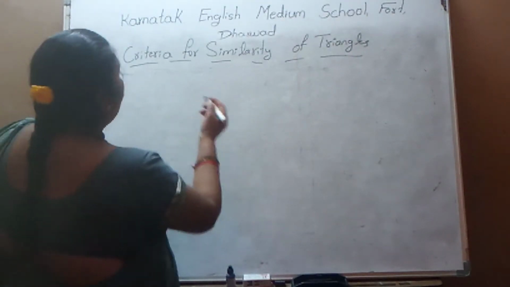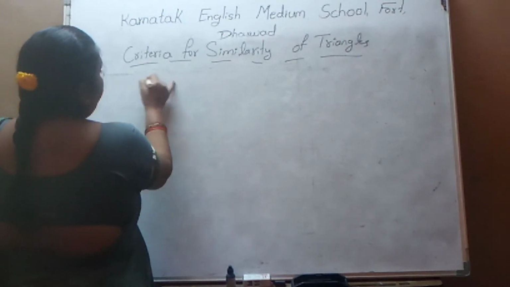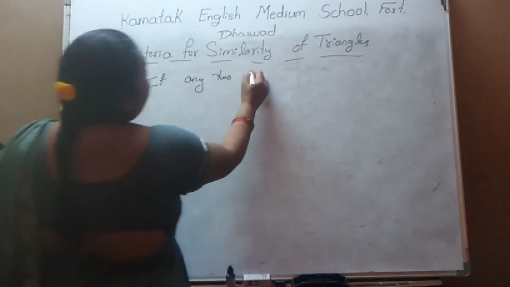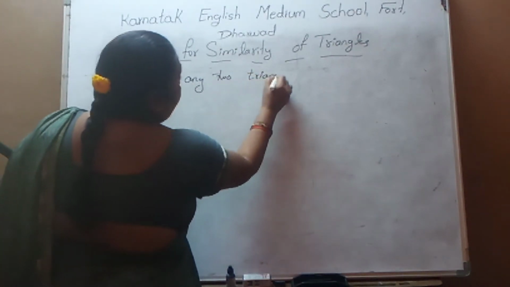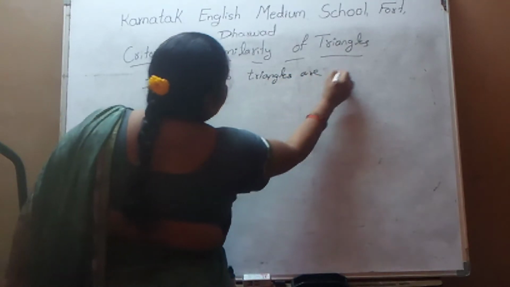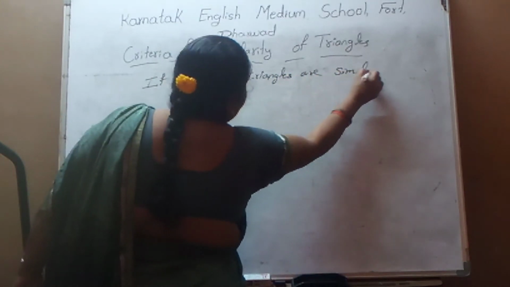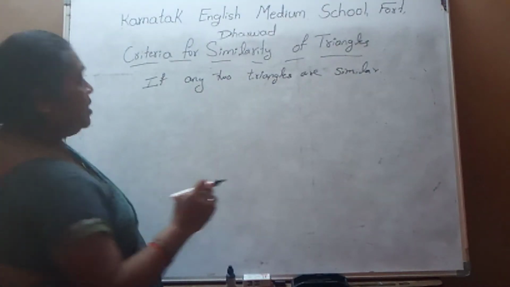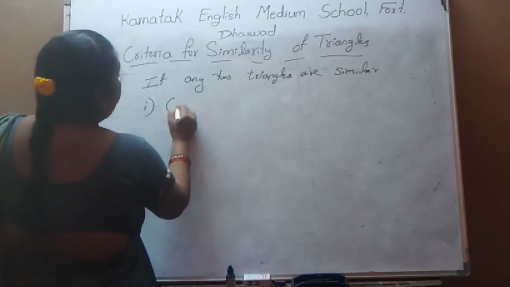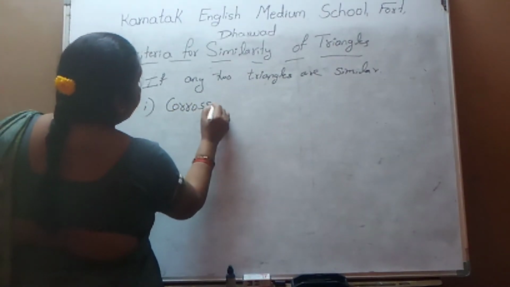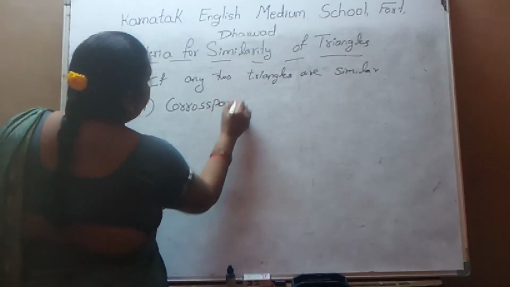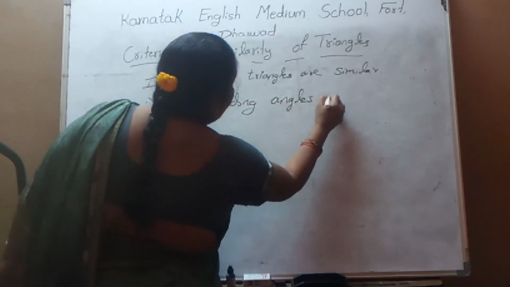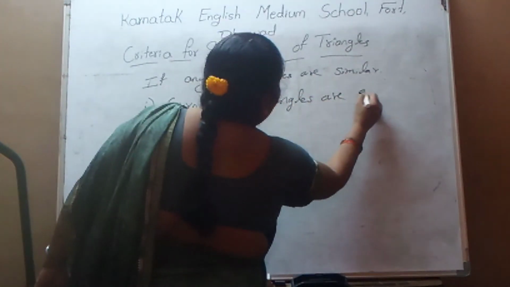If any two triangles are similar, then we stated that, what did we state? We stated that the first one, corresponding angles are equal.